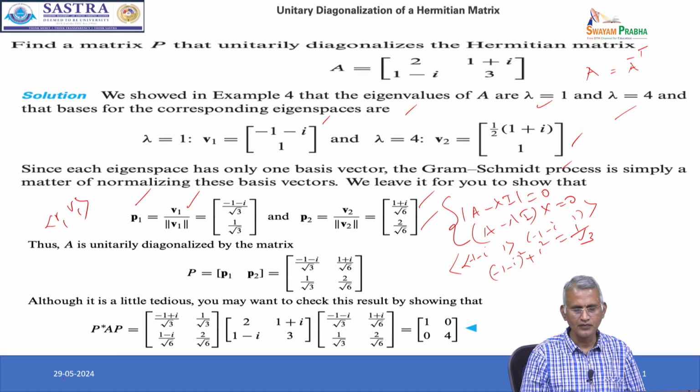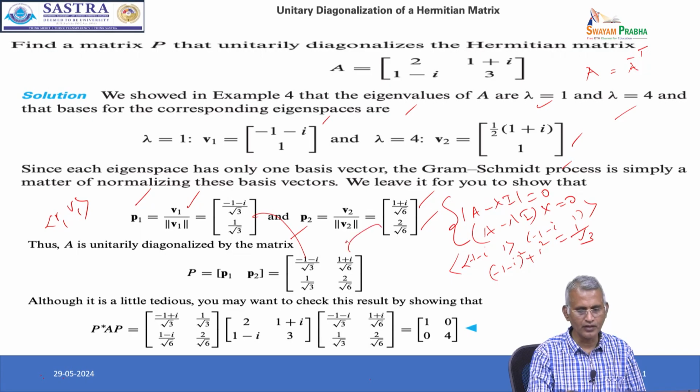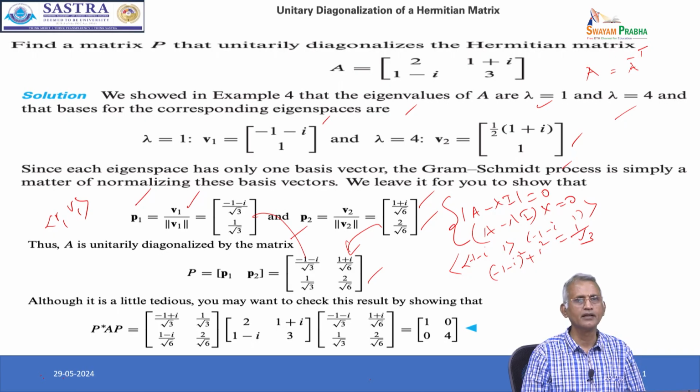This way we can find P1 and P2. Now, the unitary diagonalizing matrix P equals P1 P2, and you have to write these vectors as columns: minus 1 minus i by root 3, 1 by root 3, 1 plus i by root 6, 2 by root 6. This is the way we can form the unitary diagonalizing matrix.